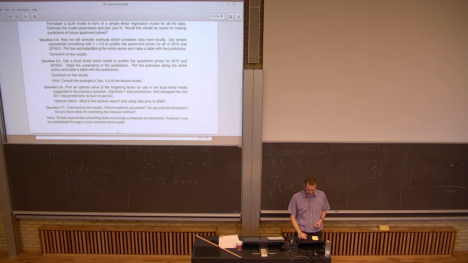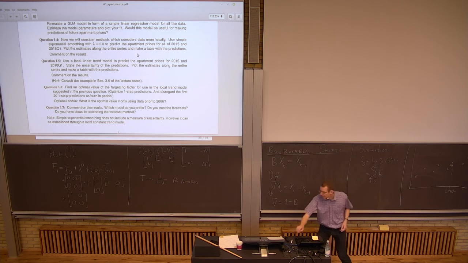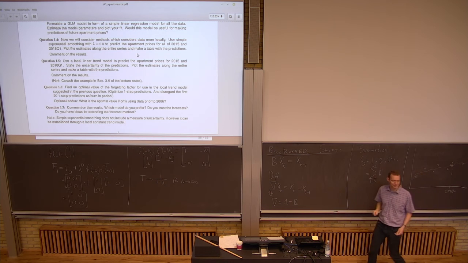But it also says plot the estimates along the entire series and make a table of the predictions. So you need to make some estimate that goes all the way along and makes a prediction here. I don't expect your prediction to be wiggling like this; this was just not to give you any information about what I expect.